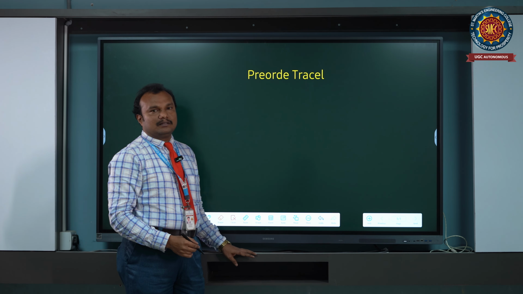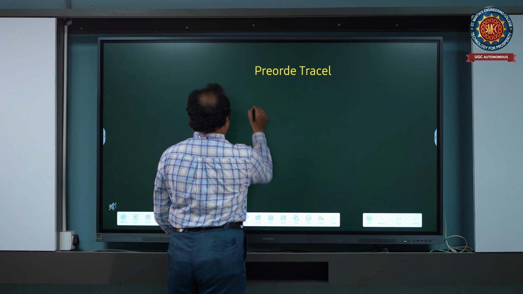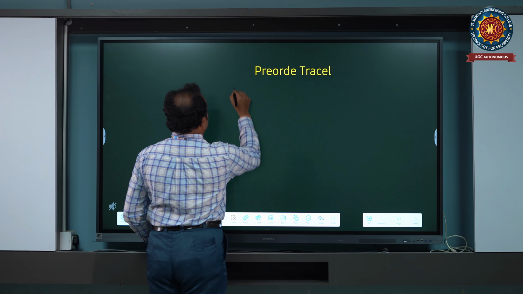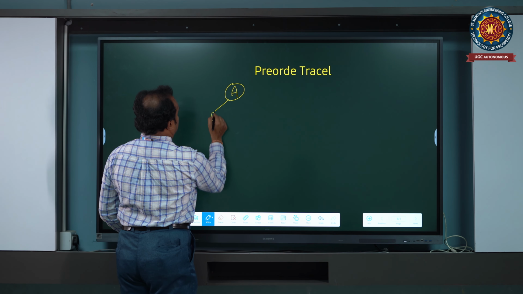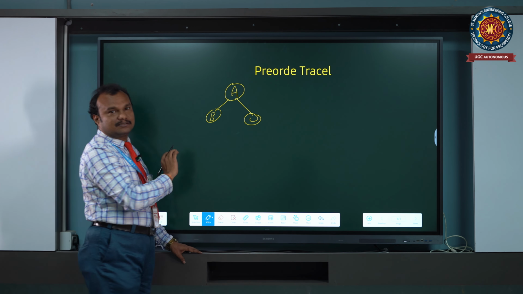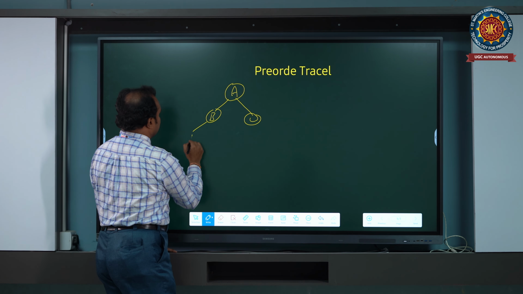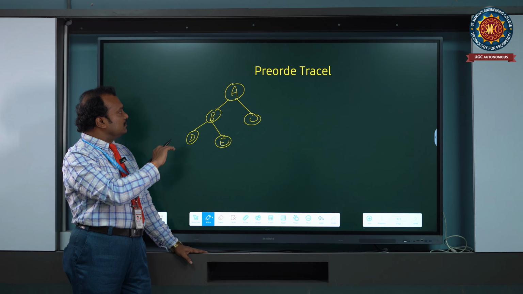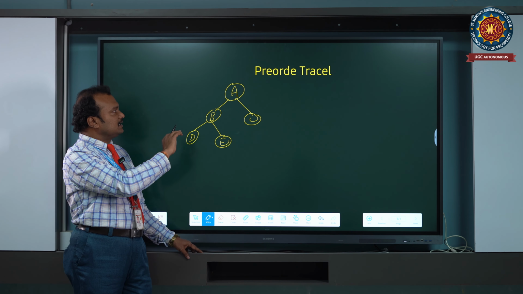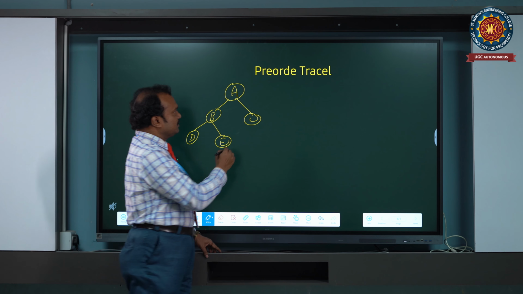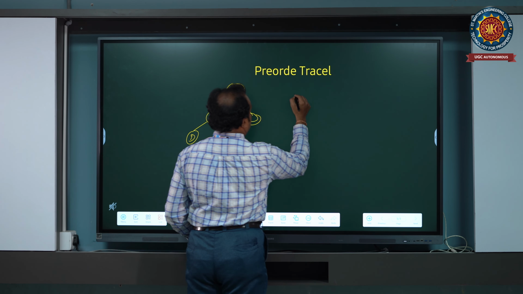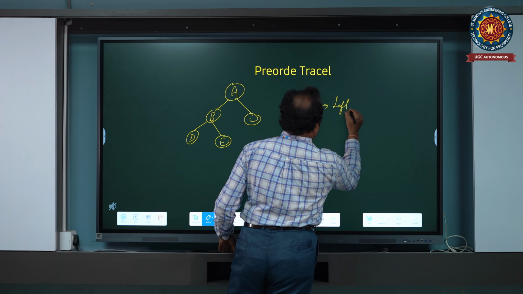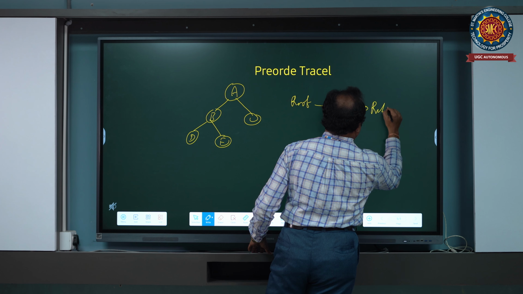If you take a tree which consists of the data elements A, B, C and D and thereafter E, and we want to traverse all these 5 nodes as per pre-order traversal, first we will traverse the root node, then the left child, followed by the right child.